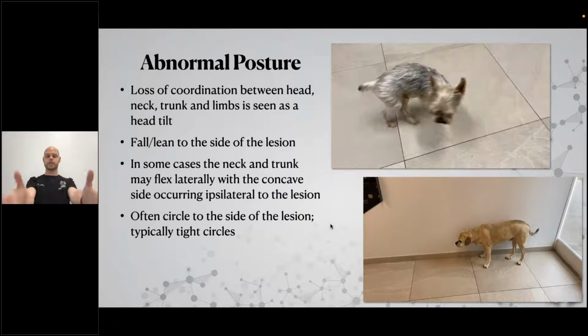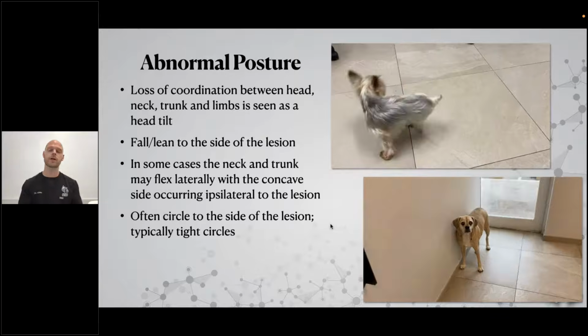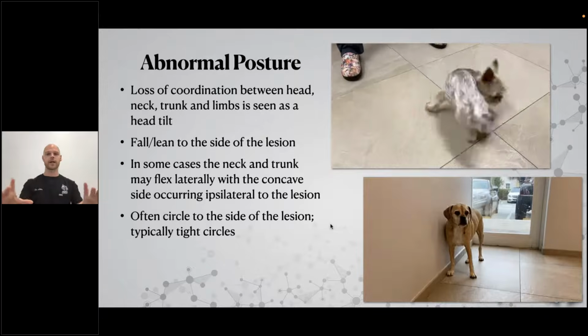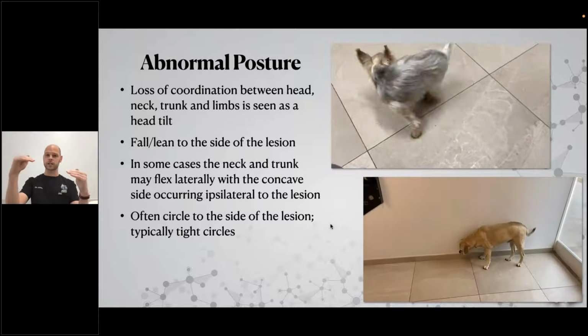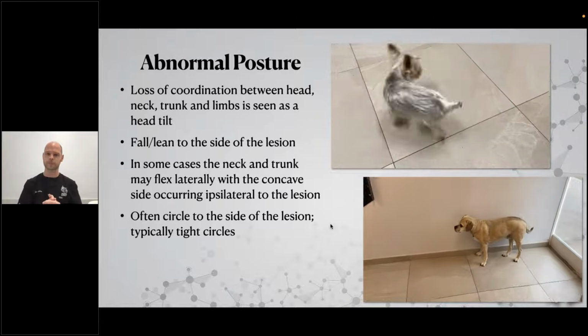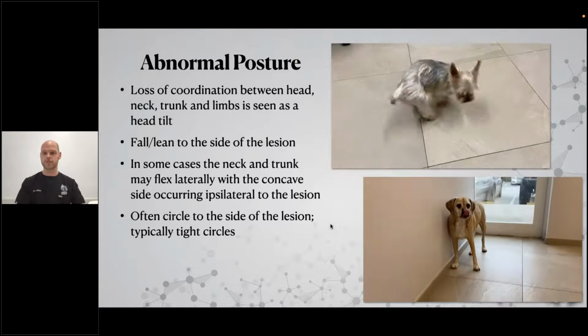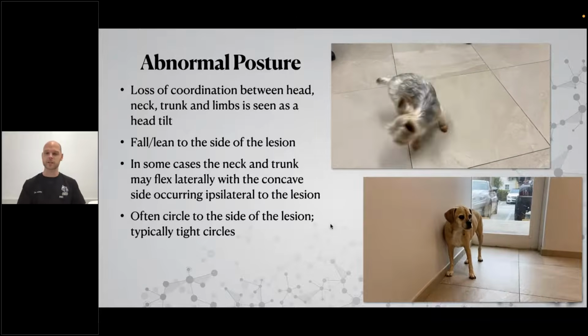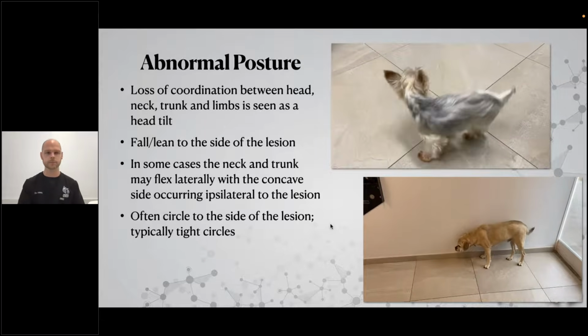So stand behind your patient facing away, and you can sometimes see the head tilt a little bit easier. Other times you have to look ahead of them, looking at their eyes, and are they tilted to one direction? Some are more obvious than others. The dog that comes in with his head almost at 90 degrees is a little bit easier than some of those dogs that have a real subtle head tilt.